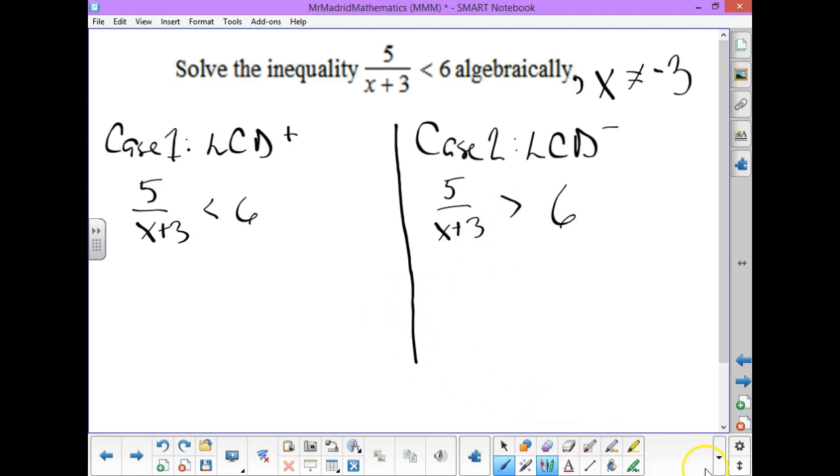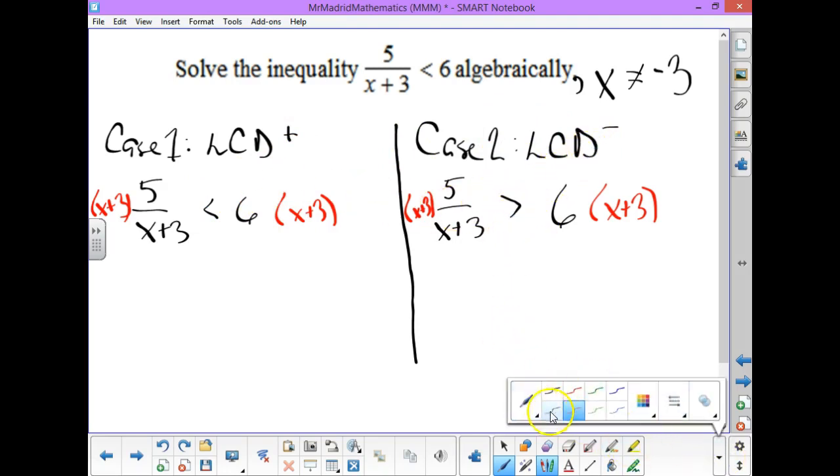Let's take care of the multiplication of x plus 3 to both sides. So far, you don't want to overcomplicate things. Everything's identical. The only thing that's changed is the plus and the minus. When it's plus, you keep the sign the same. When it's minus, you switch it. The math is identical.